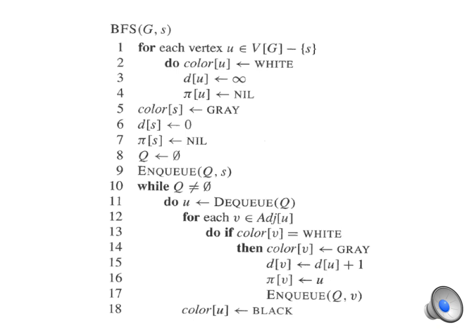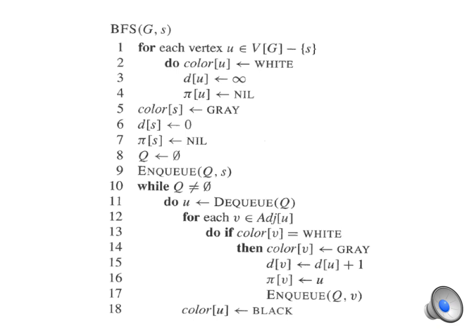So color of u, for every u other than the source, is put to white, d of u is put to infinity, and pi of u is nil for the time being. Next, starting the traversing, color of S is made gray, that is, you have started exploring. d of S, distance from the source, is 0, pi of S, naturally, is nil. It doesn't have a predecessor in the beginning.